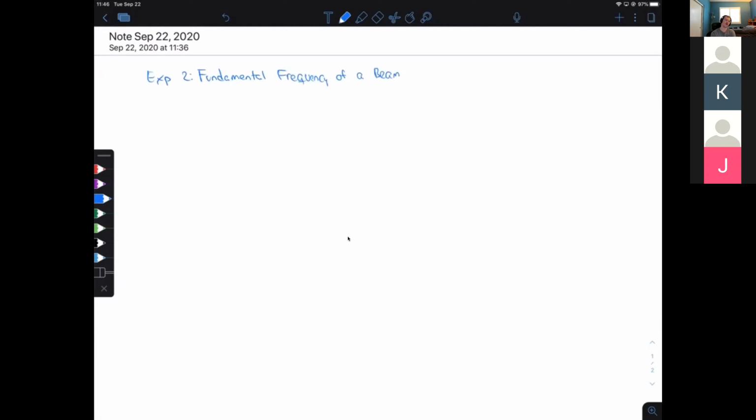Okay, so again, our goals. I'm just going along with my slides right now. The goals: we need to determine the natural frequency of our beam. We're going to determine the effective stiffness and the effective mass of our beam. And we're going to compare that to theoretical calculations for that same stuff.